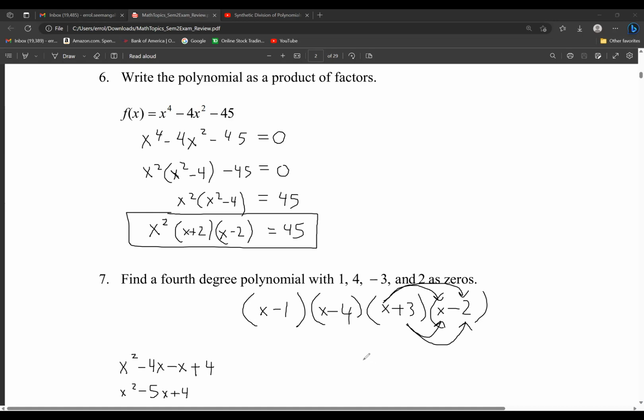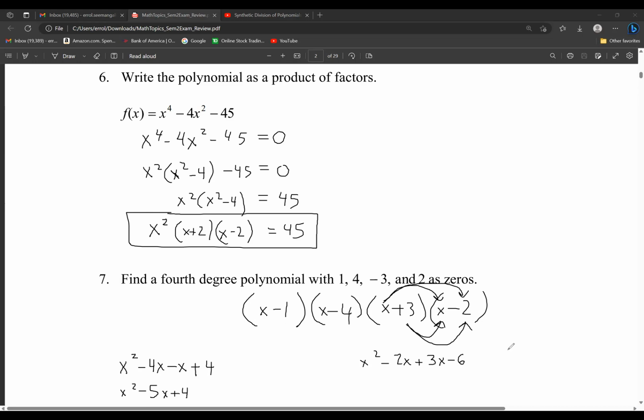X times x is how much? x squared minus 2x plus 3x, minus 6.